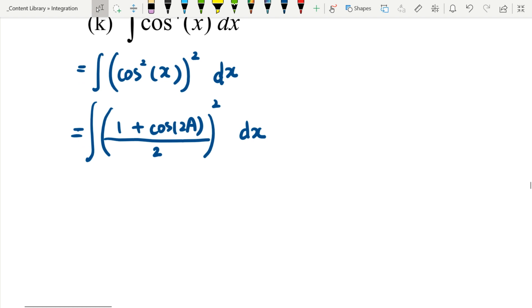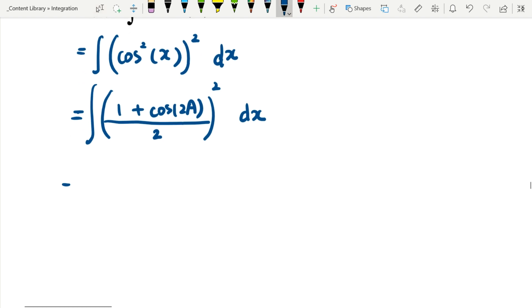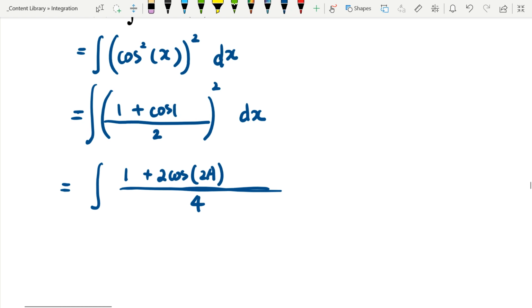So what I need to do after that is I need to expand it. So I have a quarter here, 1 plus 2 cosine 2x, sorry, not a, that's 2x, plus cosine squared 2x dx.